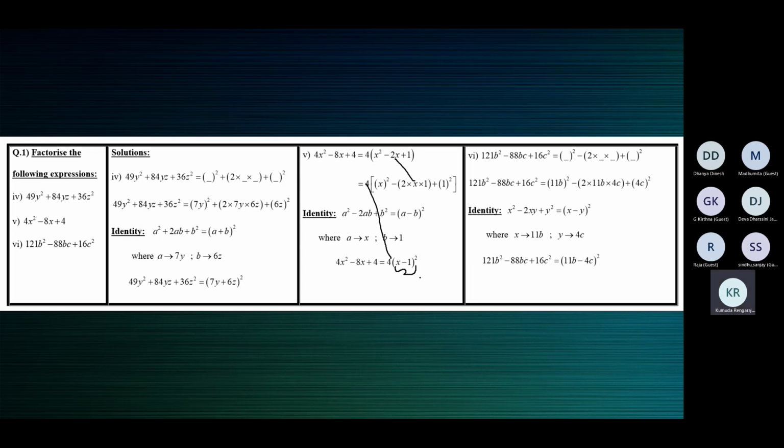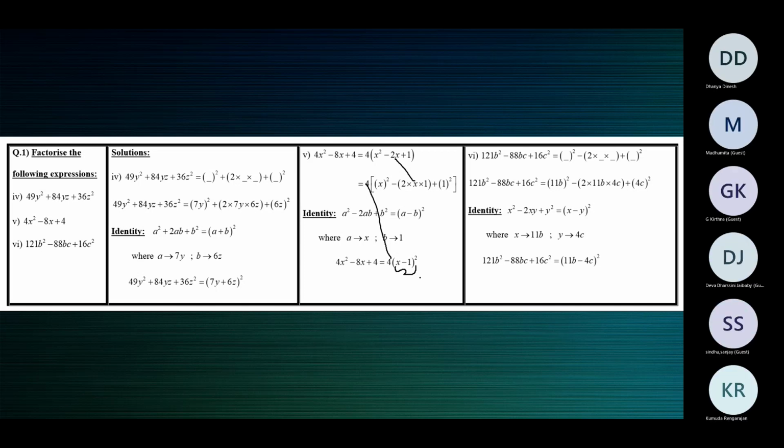Any doubts with the fourth and fifth one, children? No, ma'am. Okay, Raja, explain the sixth one. Raja.